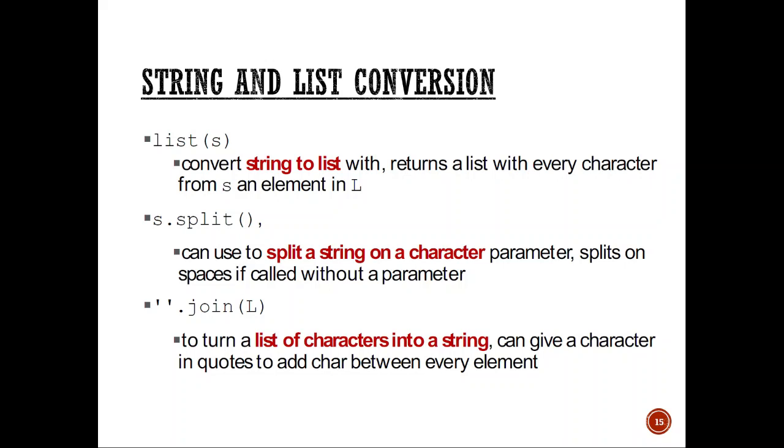Note that you can use casting to transform strings to lists. So if we apply the command list(s), it converts the string s to a list and returns a list with every character being an element in L. We can then use s.split to split a string on a character parameter, and if we don't specify what character, it splits on the space.